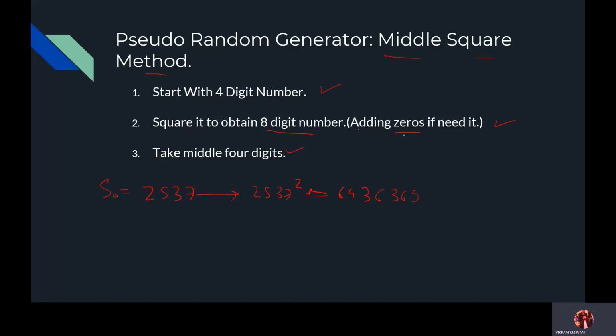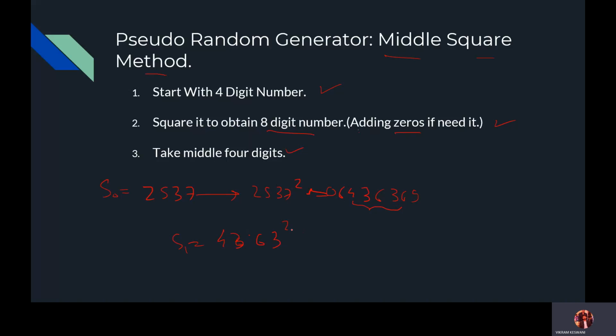Then we take the 4 digits in the middle: positions 1, 2, 3, 4, 5, 6, 7, 8. Now we pick up the middle 4 digits, so we pick 4 3 6 3. So 4363 becomes S1 for us.